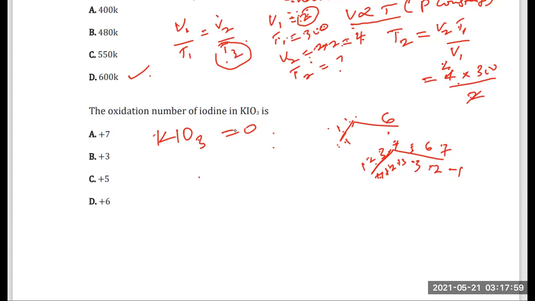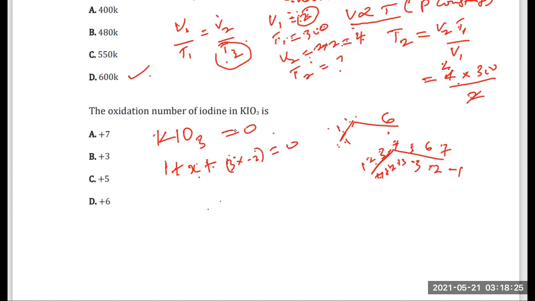So for potassium, since it's in group 1, the valency is 1. But don't forget, we are looking for that of iodine. So I'm representing iodine here with X, so that I will not mix it up with I. And oxygen is in group 6, so that is -2. So I'm doing 3 times -2. Everything equals 0.